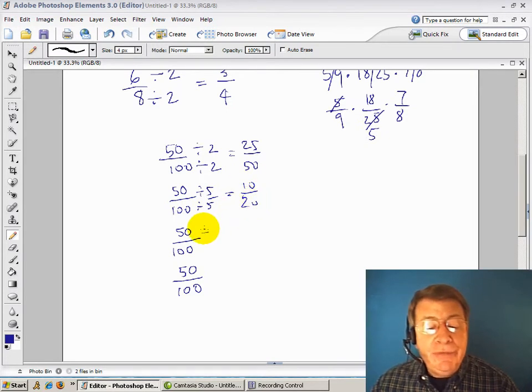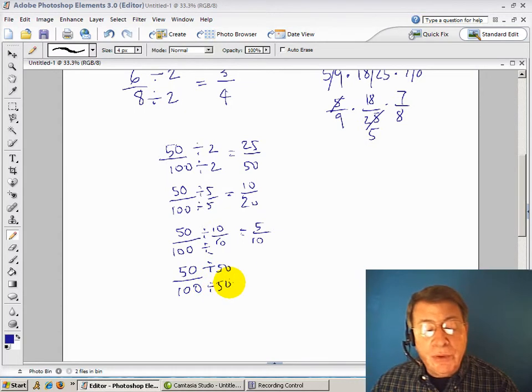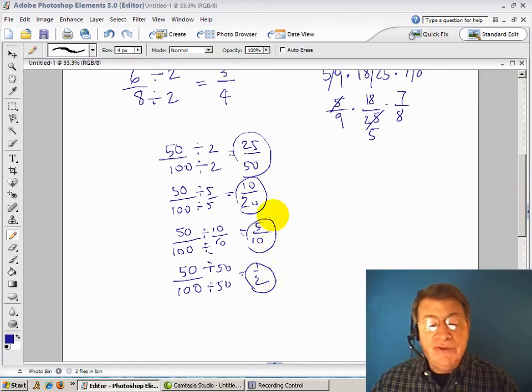We could divide top and bottom by 10 and get 5 over 10. Or we could divide top and bottom by 50, and that would be our simplest form of 1/2. Do you see all of these answers are the same, but what we want to do is make sure that we write it in the simplest terms.